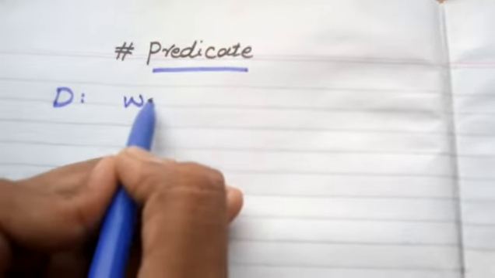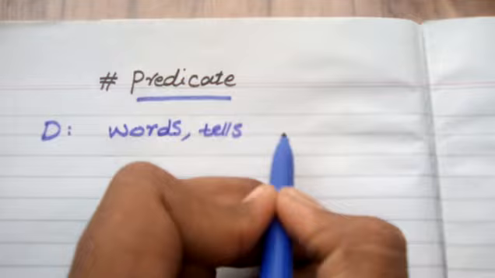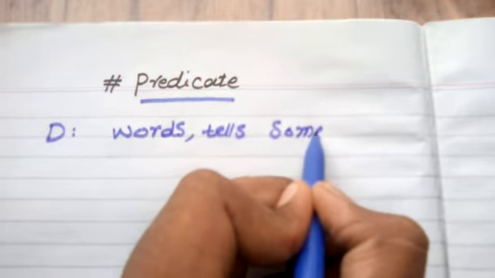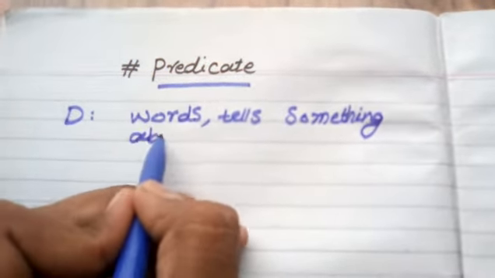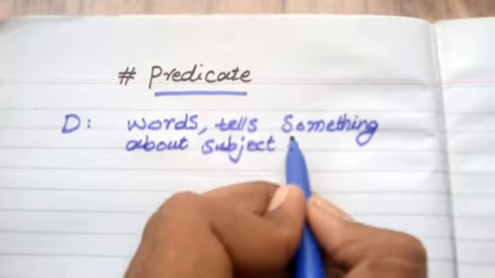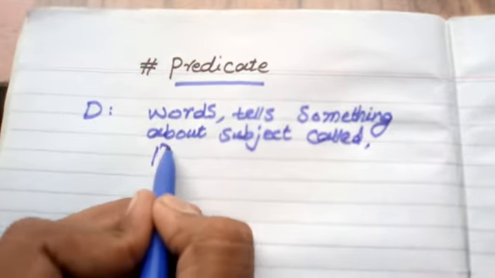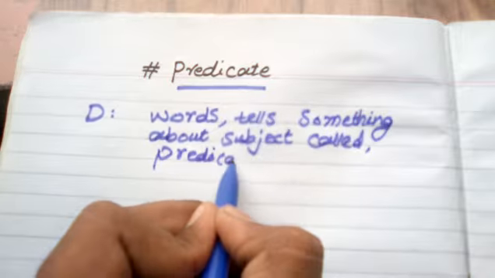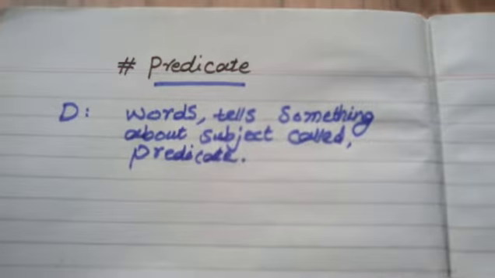This is a definition of a predicate. We can say words that tell something about the subject are called predicate.